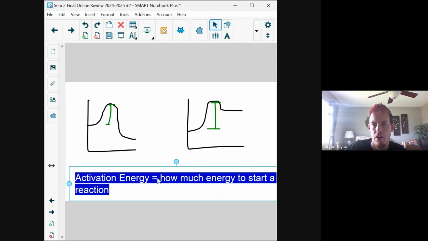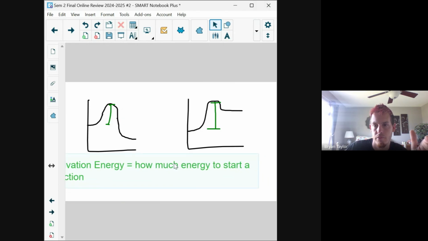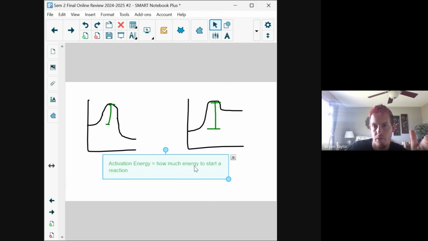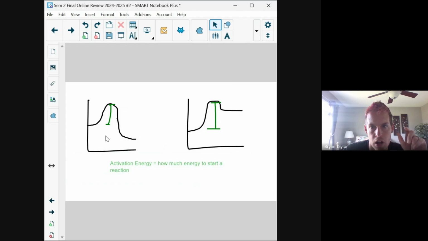On both of these charts, your reactants are going to start here. It has so much energy. Let's say this is 100, and let's say this is like 20, just to make up some numbers. Your products are going to end either higher or lower.